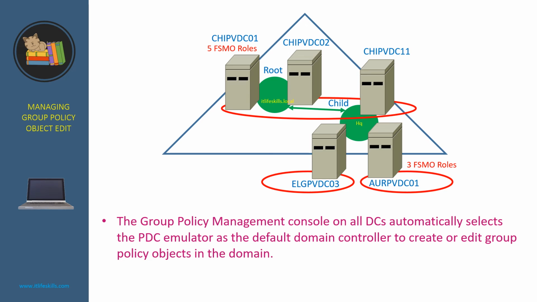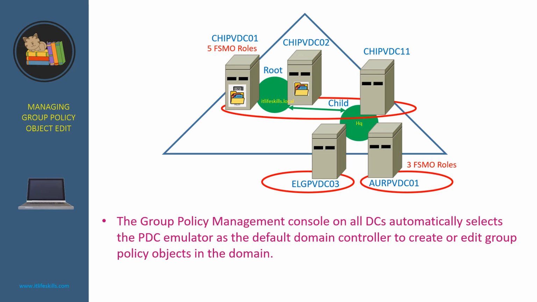Therefore, when we create or edit group policies, the change will happen on GPVDC01 and its group policy templates will be replicated to GPVDC02 immediately via distributed file system replication.